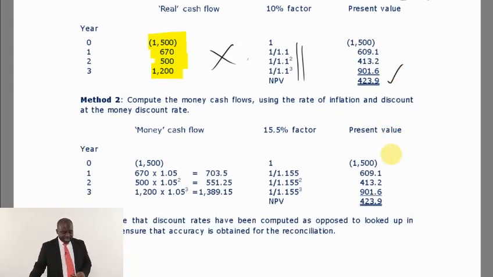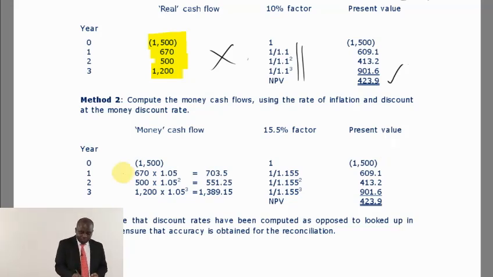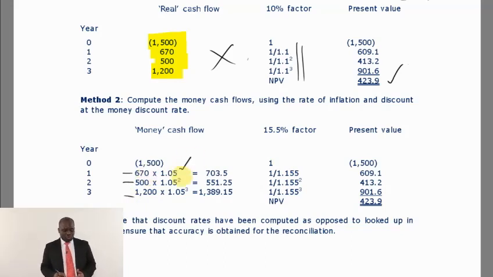The second method that we can use here is keeping the cash flows in nominal terms and then discounting it using the nominal discount factor. But look at something. The cash flows they gave to us, all of them were in today's terms, and they were subject to inflation of 5%. So the 670 should be inflated by 1.05. The 500, which is in year 2, remember, was referenced to year 0 because they said it is in today's terms.